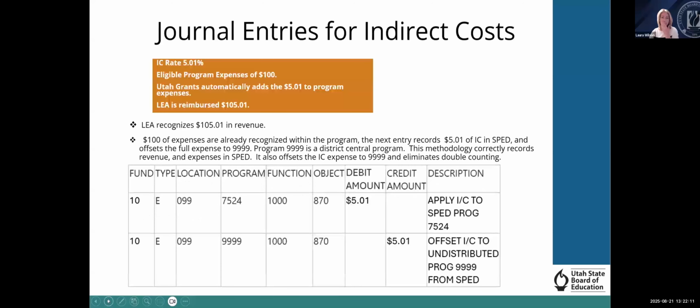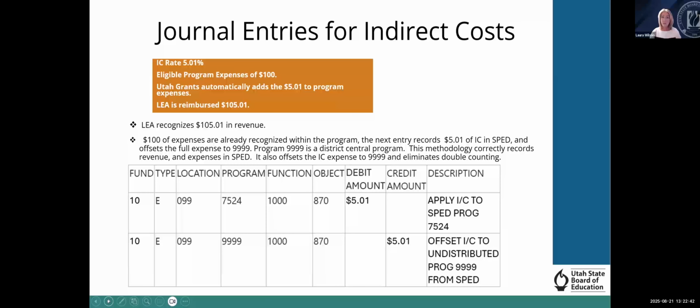So in this instance, we're going to assume that we have a restricted rate of 5.01% and that we have eligible program expenses of $100. In this case, the program we're talking about is SPED. Because that 5.01% has been entered into Utah grants, it will automatically add $5.01 to the program expenditures for the LEA.